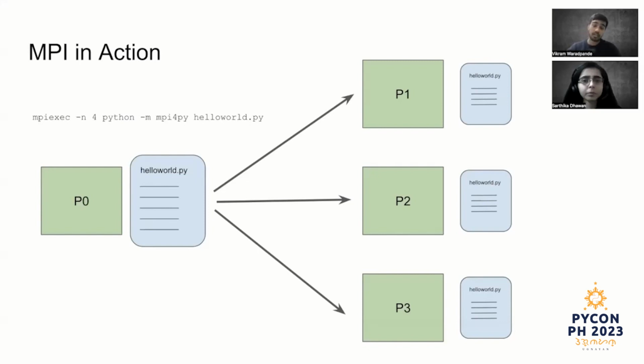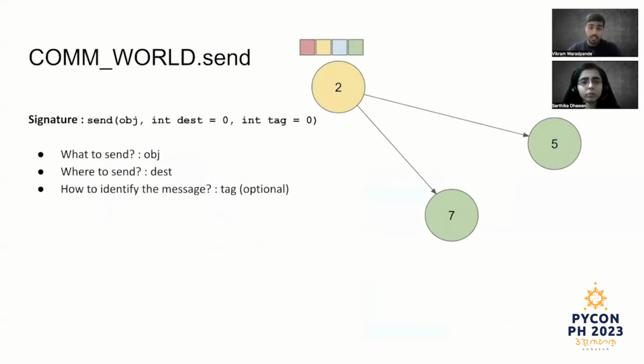Or in case I do not have multiple machines, but I have 4 cores in my machine, I can just run this command on my computer. What it does is, you can think of it as this hello_world.py file going to each core or each node, and then executing independently, as if I individually went to each core and just did python hello_world.py.